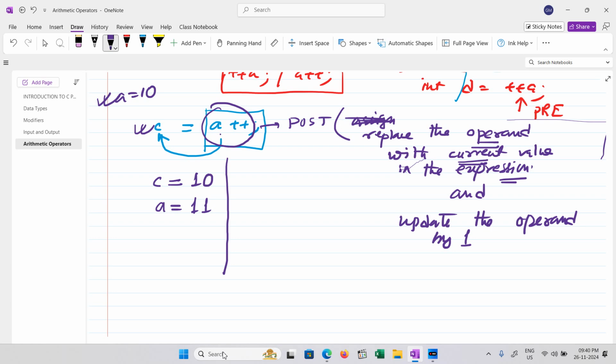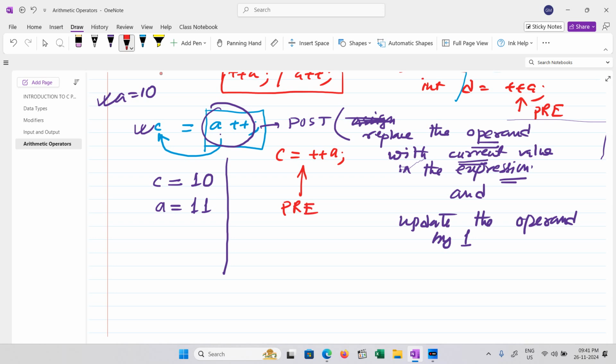But in case of pre, it is totally reverse. Now suppose I write c equal to plus plus a, what will happen here? So this is which variant? This is pre. Pre means before.